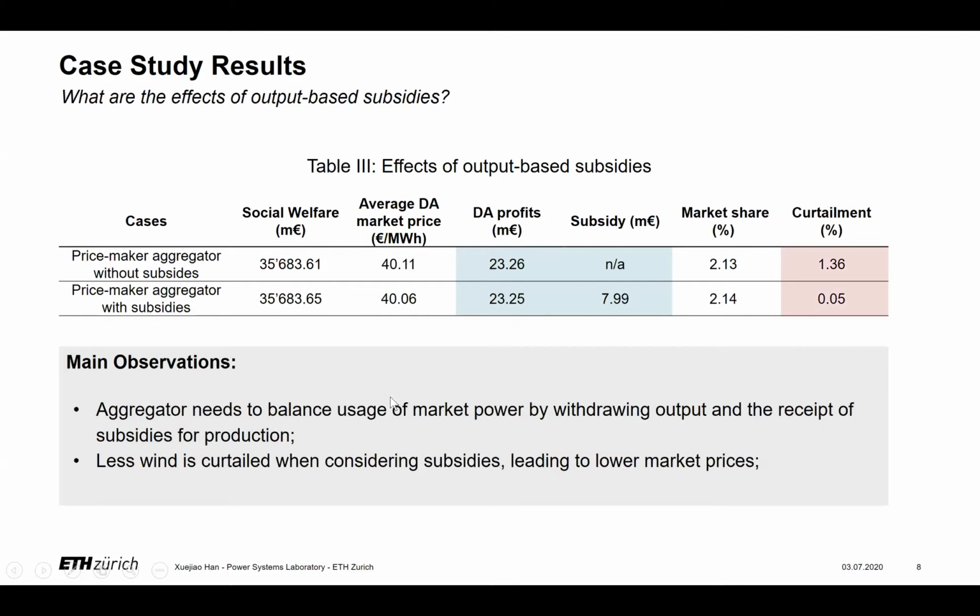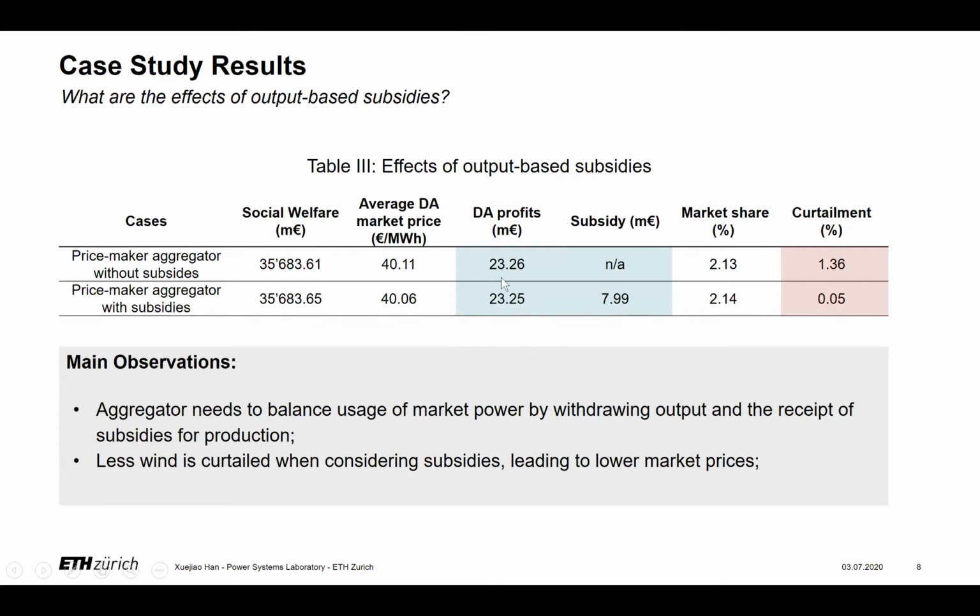You can see that the aggregator needs to make a trade-off between obtaining profits from the day-ahead market and obtaining the subsidies from the government. Compared to the case without subsidies, for the case with subsidies there is less wind curtailment, because the aggregator tries to curtail less wind and increase the subsidies from the government.